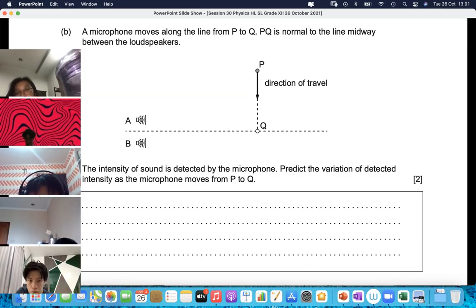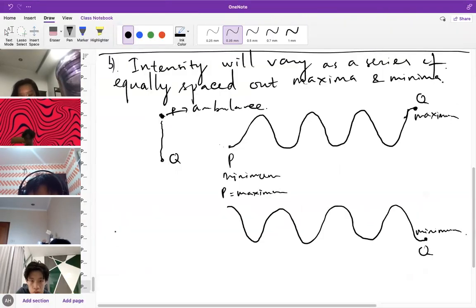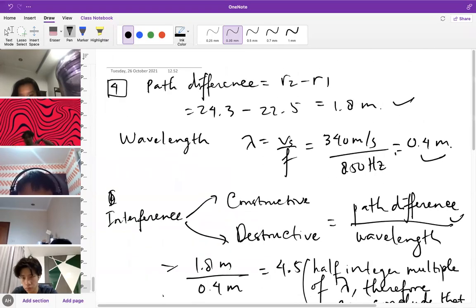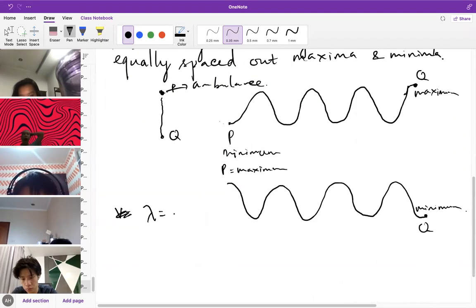That actually will also change in terms of here. The lambda is equal to the previous one. Lambda is equal to V over F. Okay, so the wavelength doesn't change. F times lambda is equal to V.